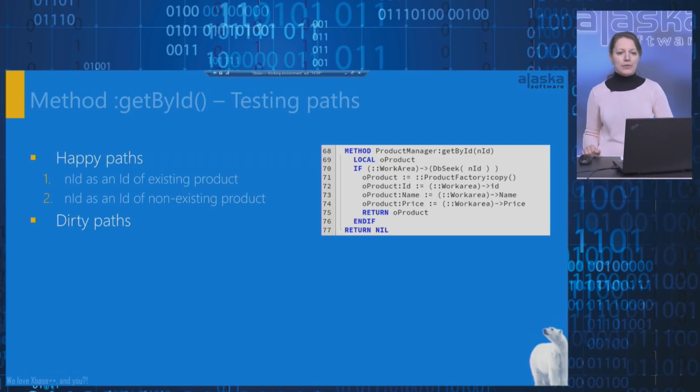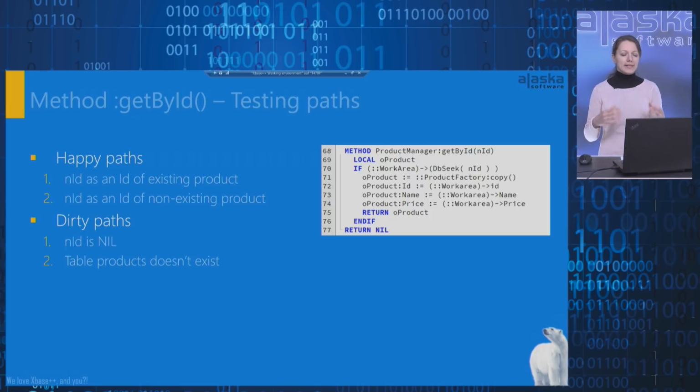And I can start with the dirty paths. The first one is when the input parameter ID is nil. And the next one, the table products does not exist. This is a runtime error here.